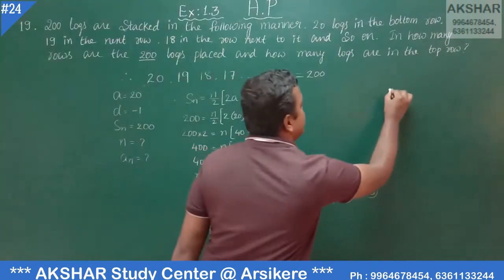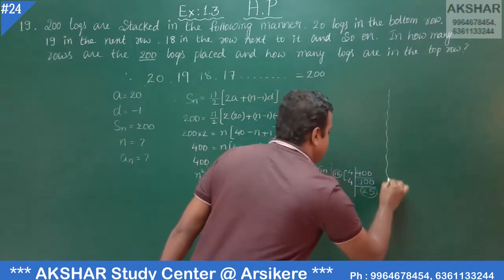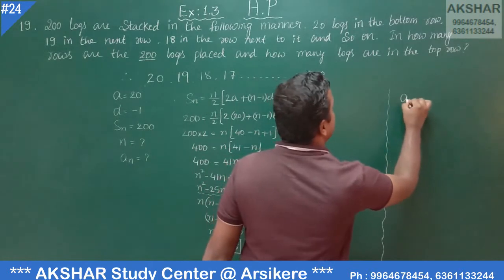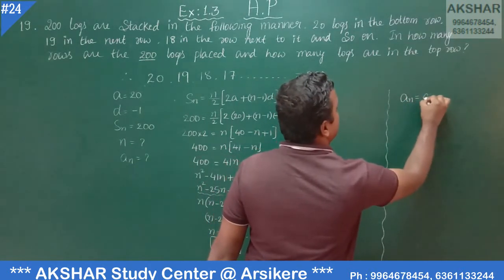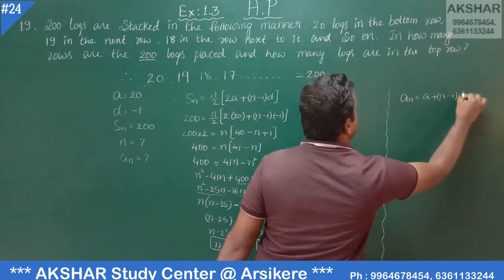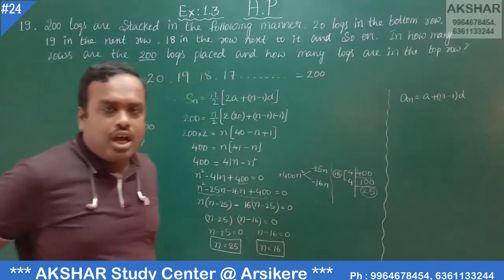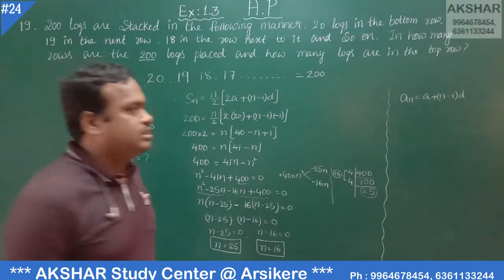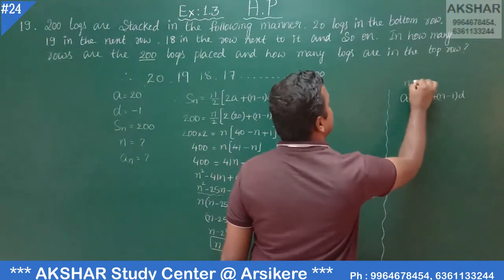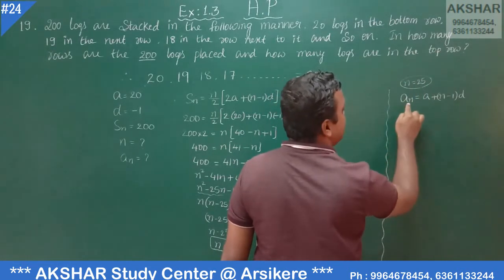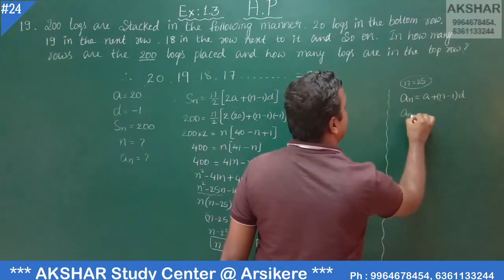Now we move on to the next one. That is what? an. So the formula of an is equal to a plus n minus 1 into d. Okay, I will check this by taking first n is equal to 25. You take here n is equal to 25. Okay, substitute here. An value we need to find.